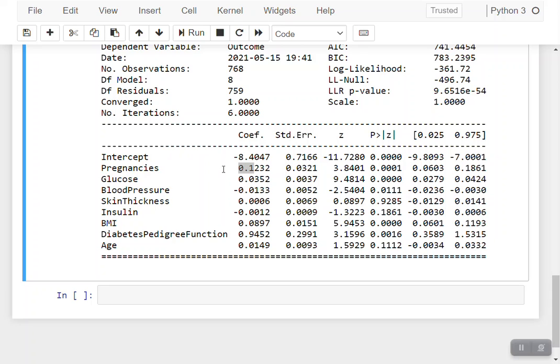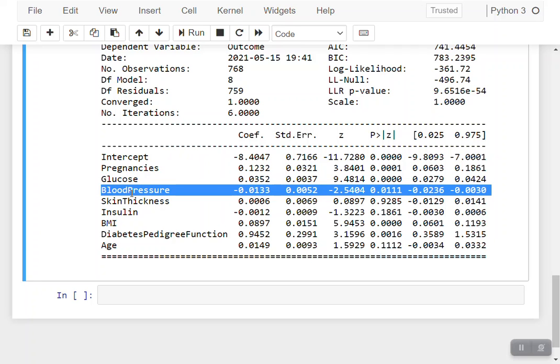So basically speaking, a positive coefficient means that an increased value of this variable results in more probability of the outcome being 1. So pregnancy increases the likelihood of becoming diabetic in this case, or being diagnosed as diabetic.